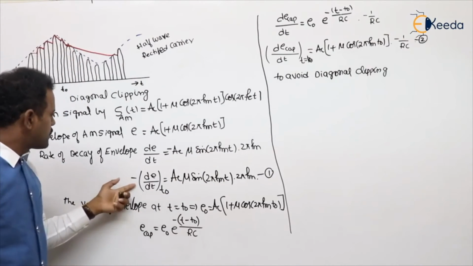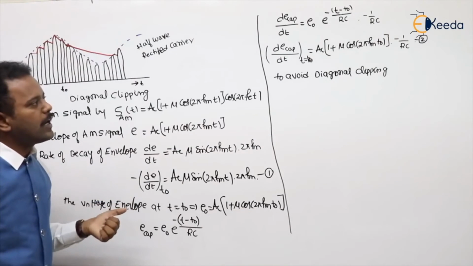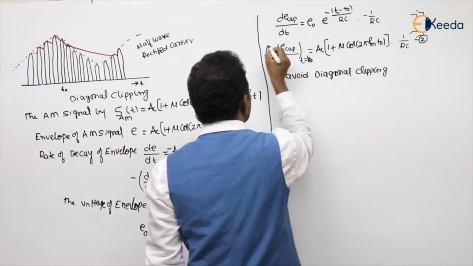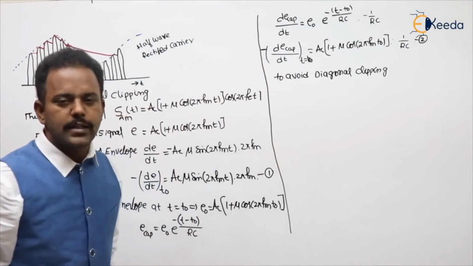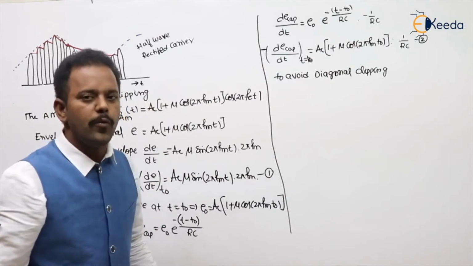What is that? This one, the rate of decay of the envelope I got. Why did we get negative in both? Here also minus came. Why did you get minus in both cases? Because it is a discharging or decaying, so we got a negative slope.